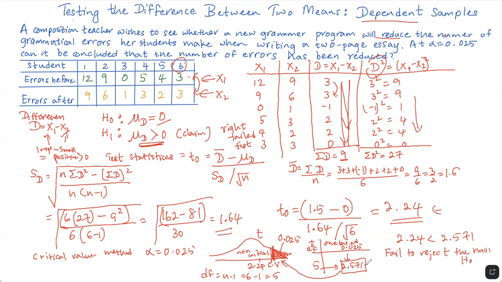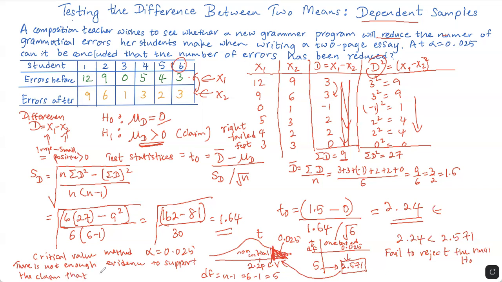If you fail to reject the null, then the conclusion is there is not enough evidence to support the claim. What is the claim here?